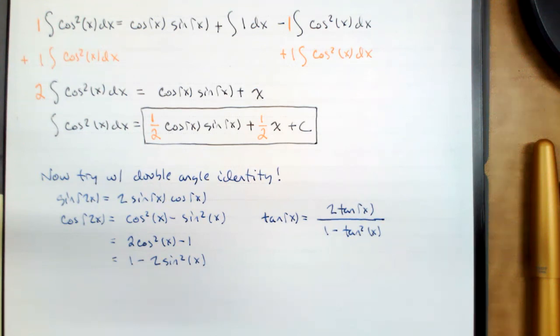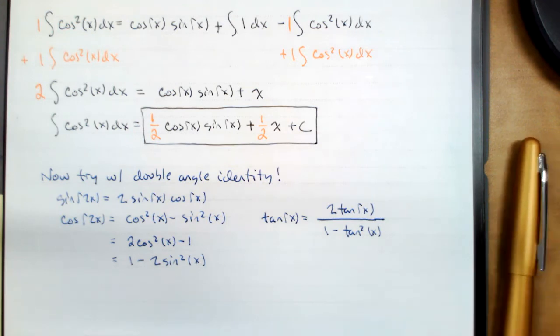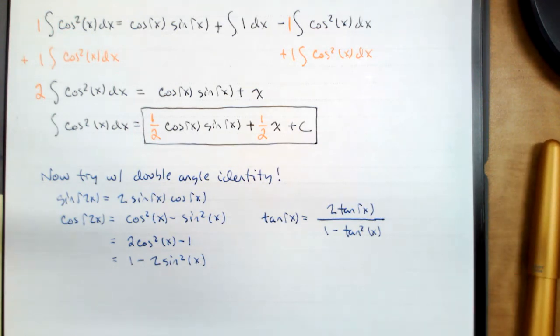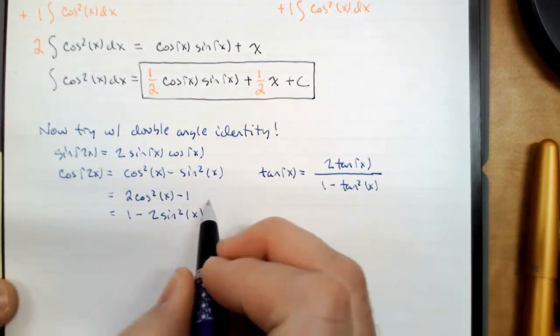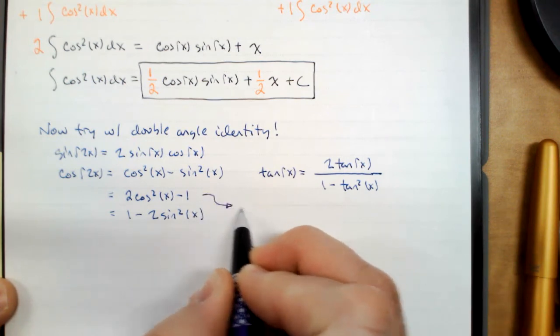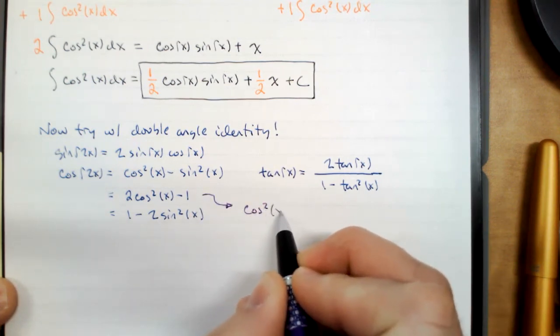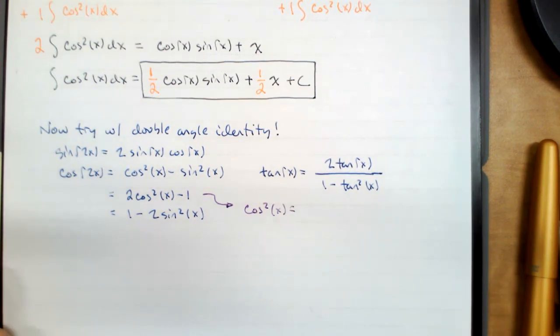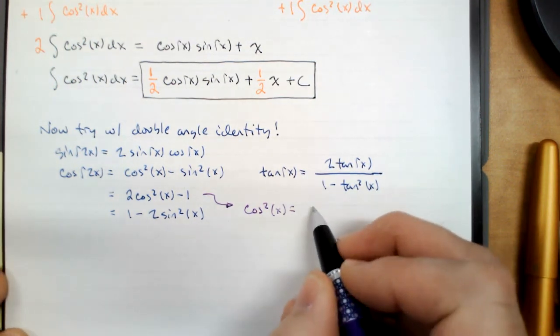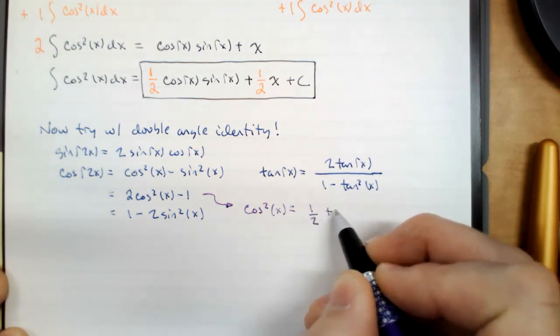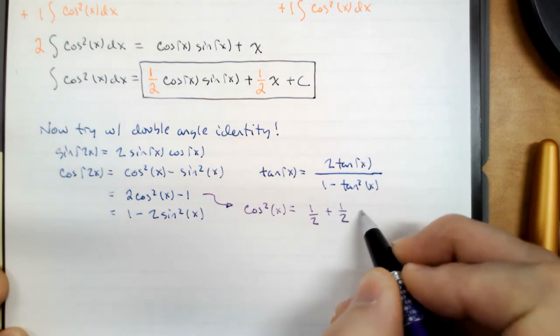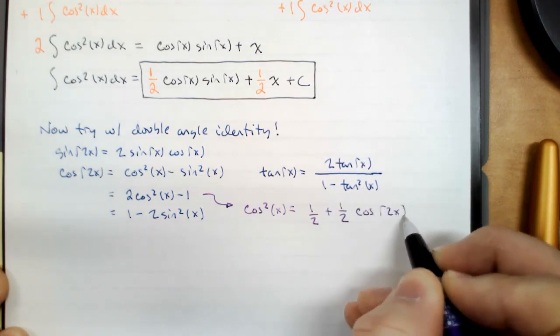Cosine squared has been messy with parts. Integrating cosine of 2x is borderline trivial. So what if instead, I'm going to rewrite this, we solve this identity for cosine squared x, we see that cosine squared x is 1/2 plus 1/2 cosine 2x.